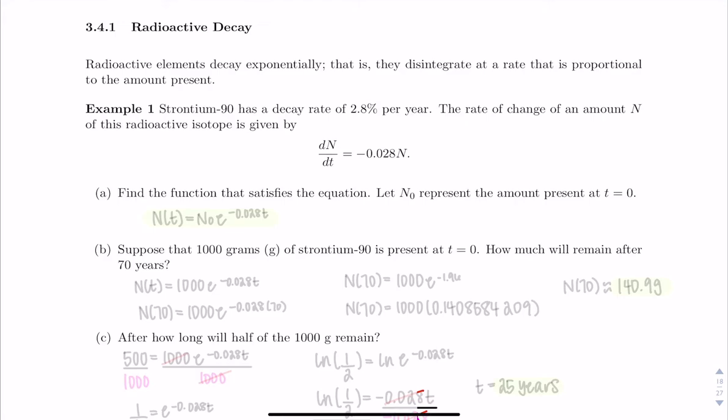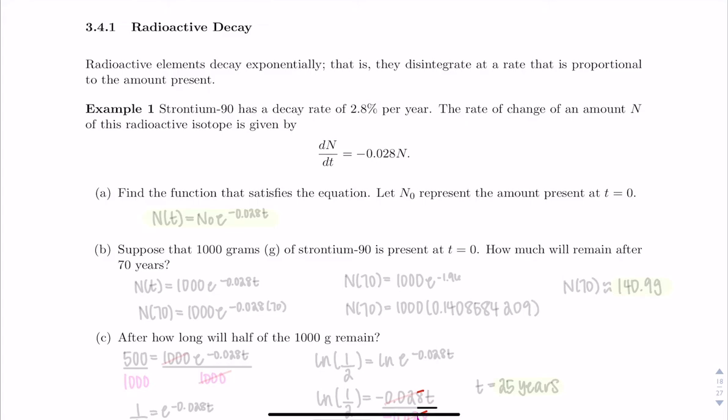Strontium-90 has a decay rate of 2.8% per year. The rate of change of an amount N of this radioactive isotope is given by dN/dt = -0.028N. We want to find a function that satisfies the equation. Let N0 represent the amount present at t = 0. So N0 is that initial amount.